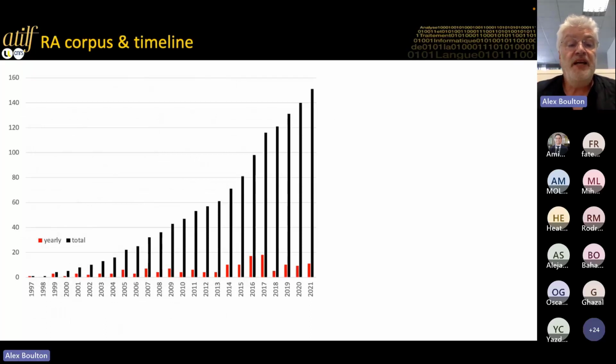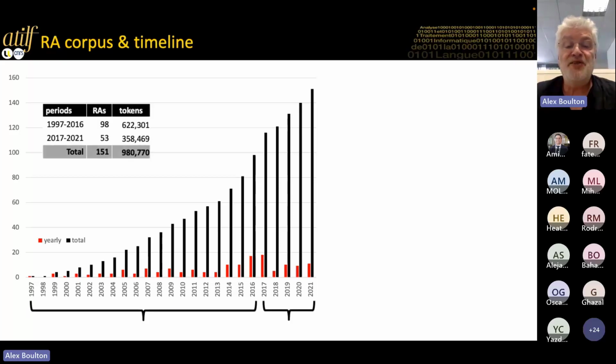Just quickly, this is the overall output of papers which correspond to our criteria today. So you can see the red columns at the bottom are the number of papers, research articles in those journals published each year, and the black columns, that's the cumulative output. So we're up to about 150 papers so far. And because we're interested in today, by today, I don't just mean today, but say the last 5 years, or 2017 to 2021, compared to the previous 20 years.